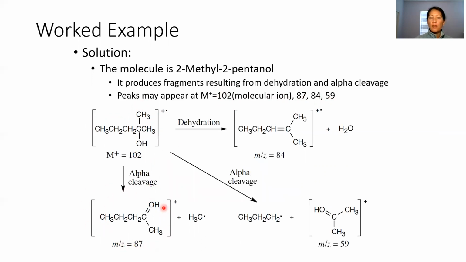This is just showing the more stabilized resonance form, but basically you get your 87. So minus 15 for a methyl group, you get 87 as one of the fragmentation peaks. The other thing you can clip off in your alpha cleavage is the propyl group, and give the m over z equals 59.